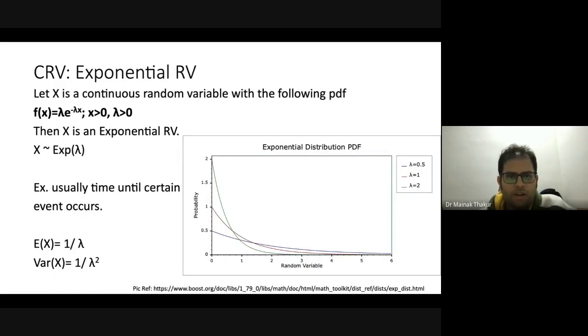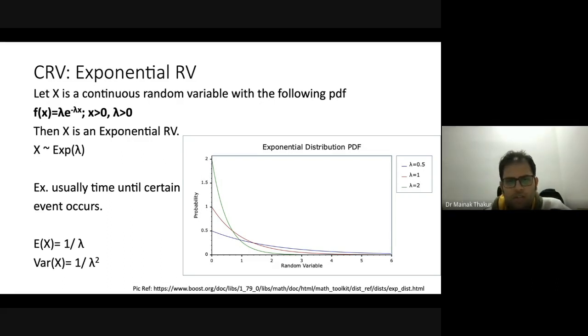The exponential random variable is also a very interesting continuous random variable. It has this PDF: fx equals lambda into e to the power minus lambda x, where x is always positive and lambda is also positive. The exponential distribution has only one parameter, lambda. For different lambdas you will get different distributions, as you can see here. Usually it is the time until a certain event occurs.